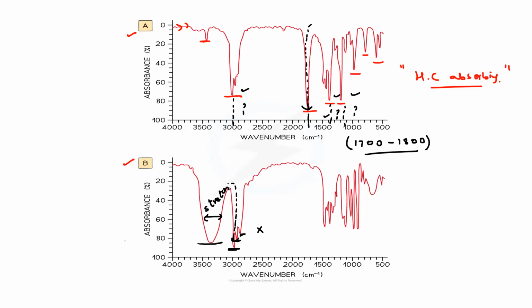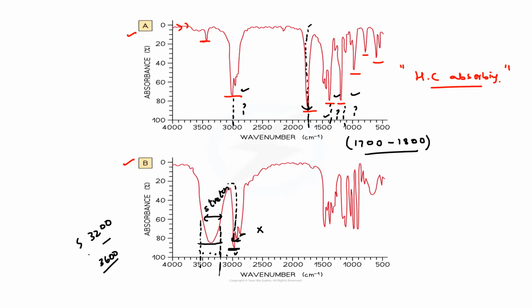So if we read this, this kind of ranges from 3000. So that's 3100, 3200, 33, 34, 35, 36. So it has to be around 3200 to 3600.